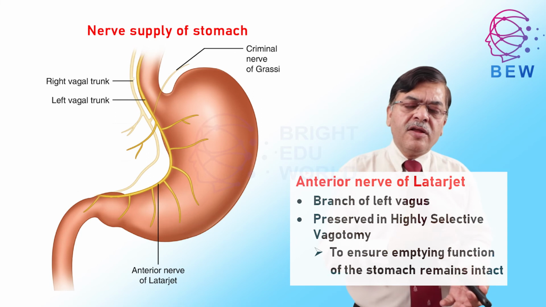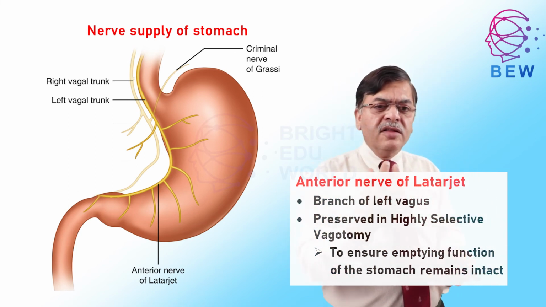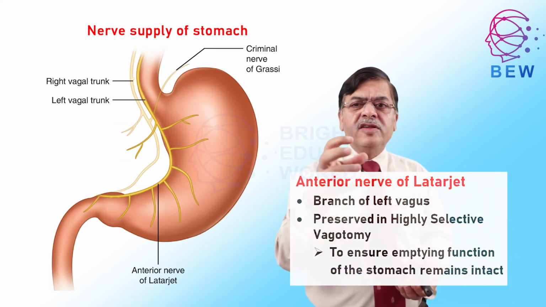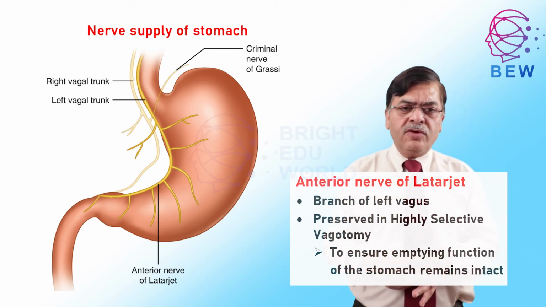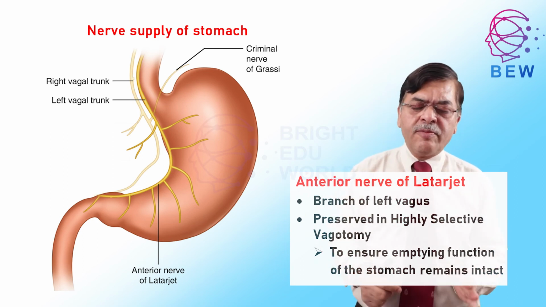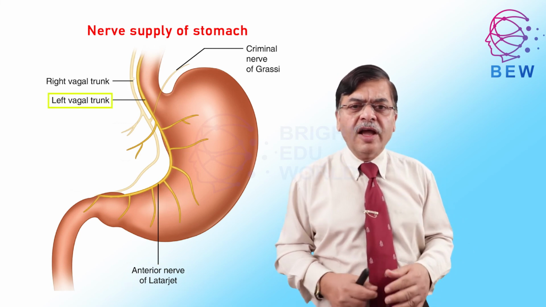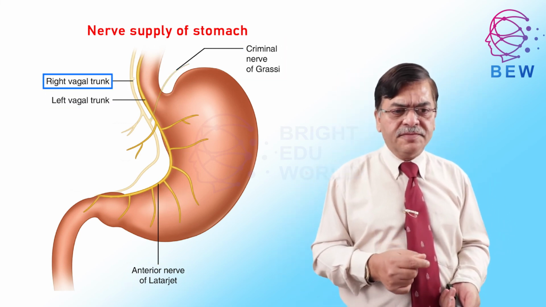The rest of the anterior branches of the stomach supply the acid producing area, whereas this anterior nerve of Latarjet supplies the antrum, which has the main milling action, the breaking of the food particles. So you leave this anterior branch of Latarjet. These two nerves you remember: the anterior nerve of Latarjet, branch from the left vagus, and the criminal nerve of Grassi, branch of the right vagus.